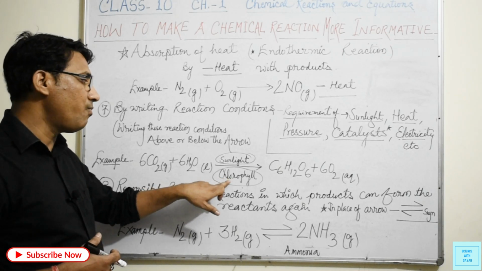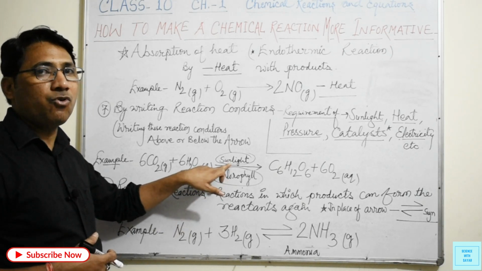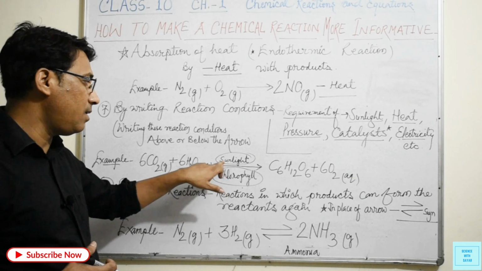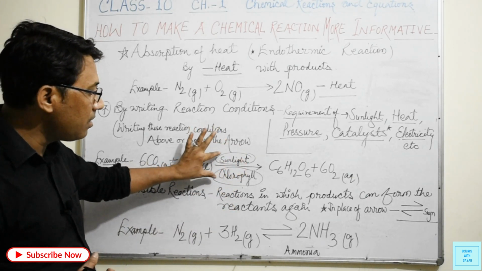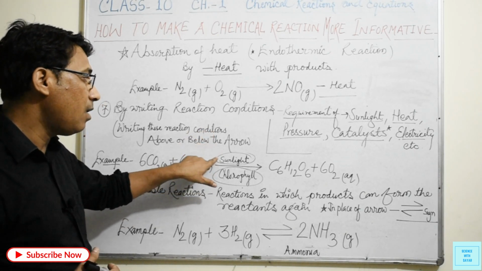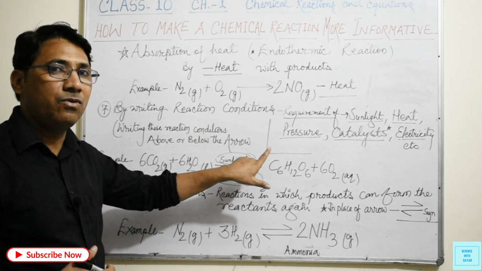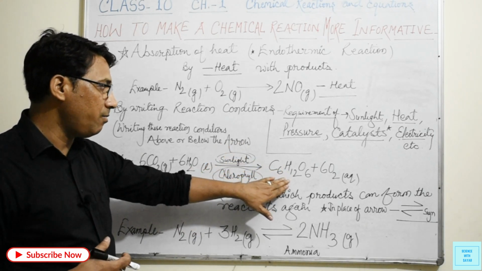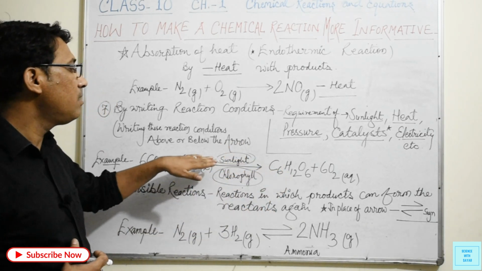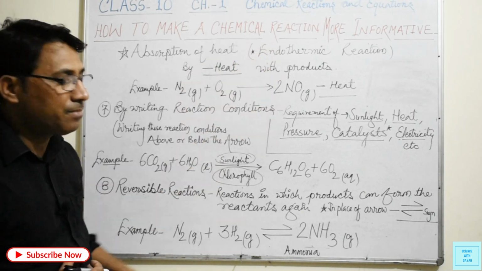First is chlorophyll, second is sunlight. So in the absence of sunlight, this reaction cannot take place. These specific requirements or conditions we write above or below the arrow. So by writing these conditions, we are making this chemical reaction more informative.